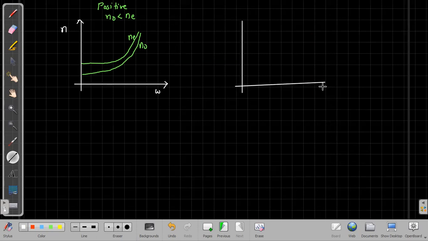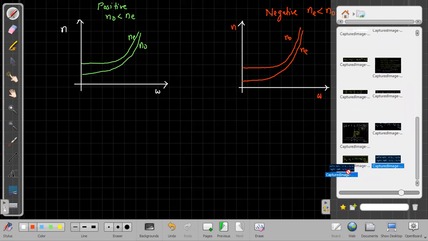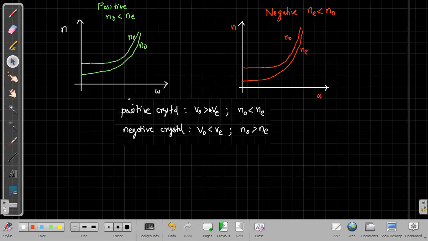It will follow the same structure, but in the case of a negative crystal, the ordinary refractive index would be greater. So these are our definitions of positive and negative crystals.